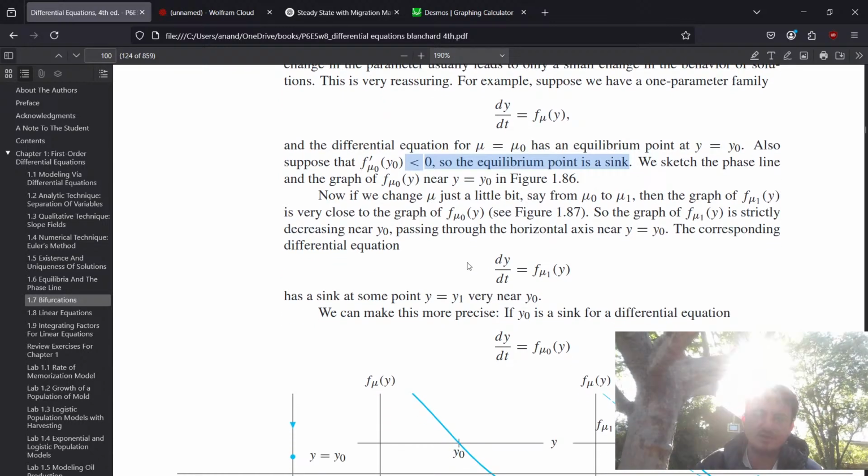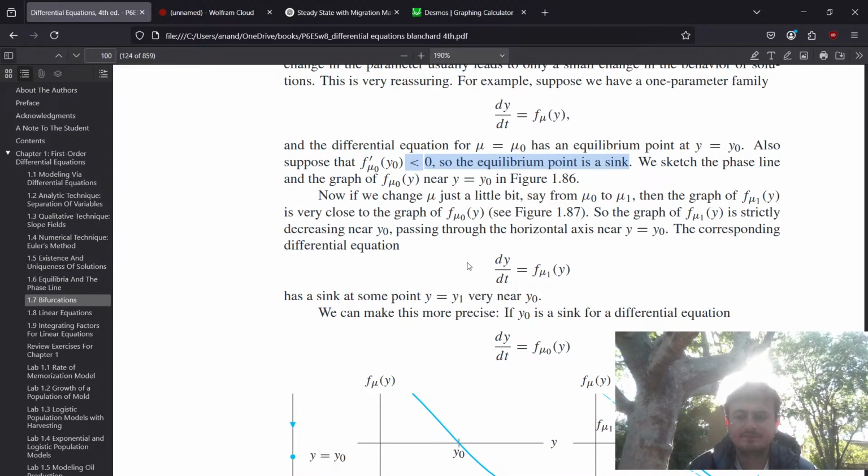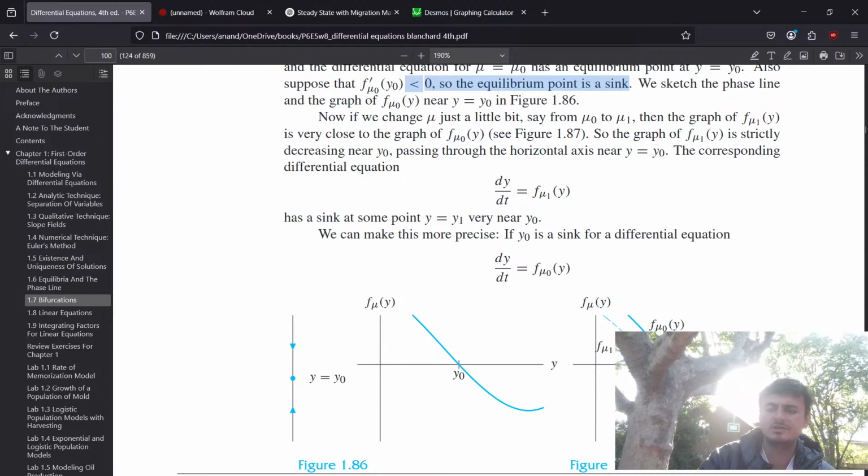Now, if we change mu just a little bit, then the graph is still very close, meaning it just changed a little bit. So the graph is strictly decreasing near y0.